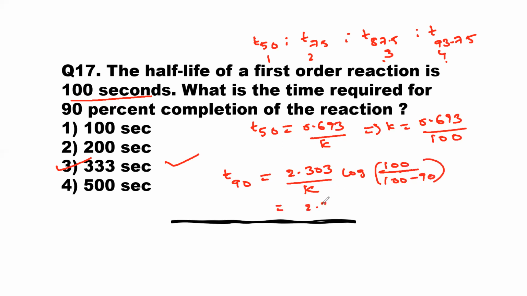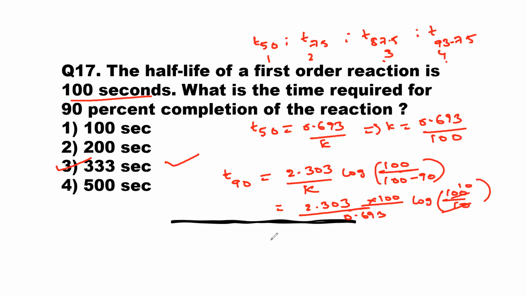So that is equal to 2.303 by K, where K is 0.693 by 100. 100 goes to the numerator, into log of 100 by 10. 100 by 10 means 10 times.